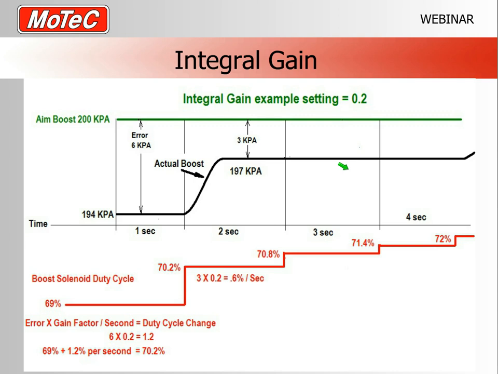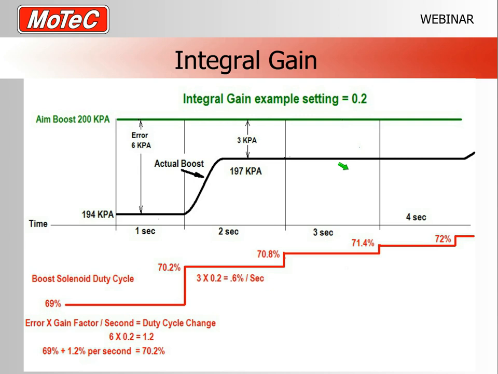If we go with the numbers, 6 times 0.2 equals 1.2. That means 69% duty plus 1.2% per second change. So at an error of 6 kPa, we would get the duty cycle adding 1.2% per second.